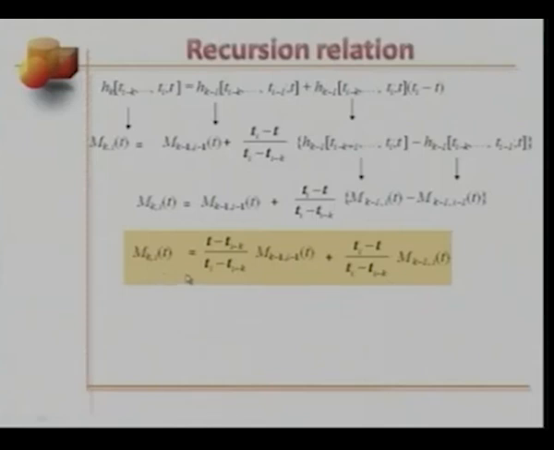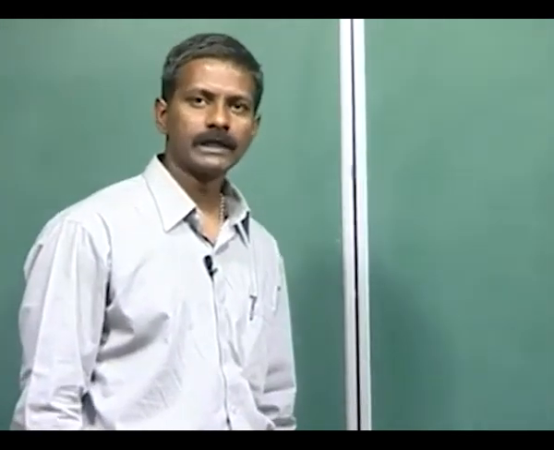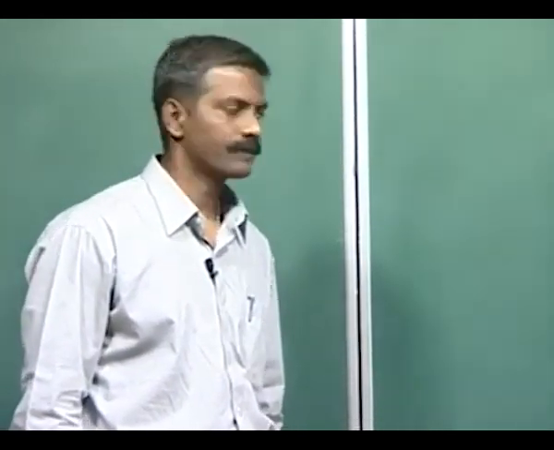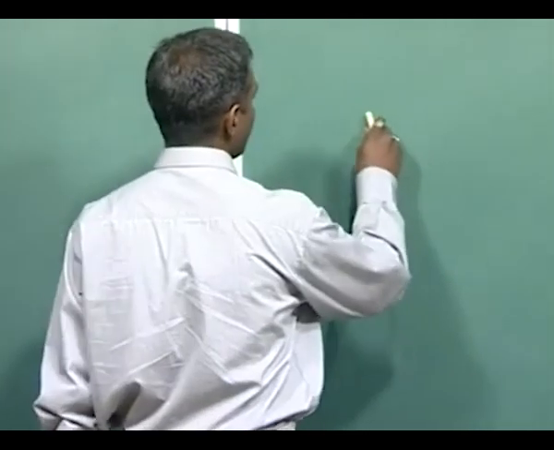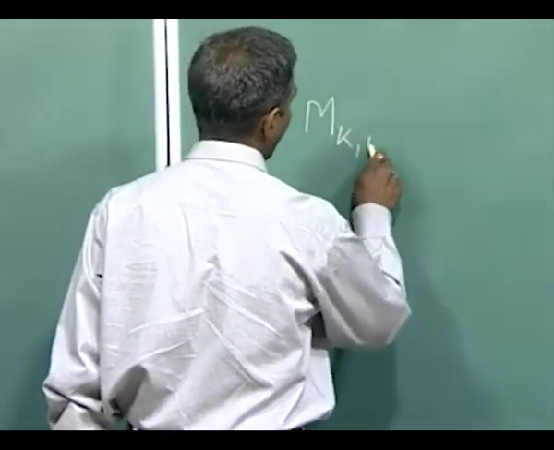Let me explain this on the board. This is the way I remember to write the recursion relation for B-spline basis functions. Say I have to write the recursion relation for m_{k,i}(t).